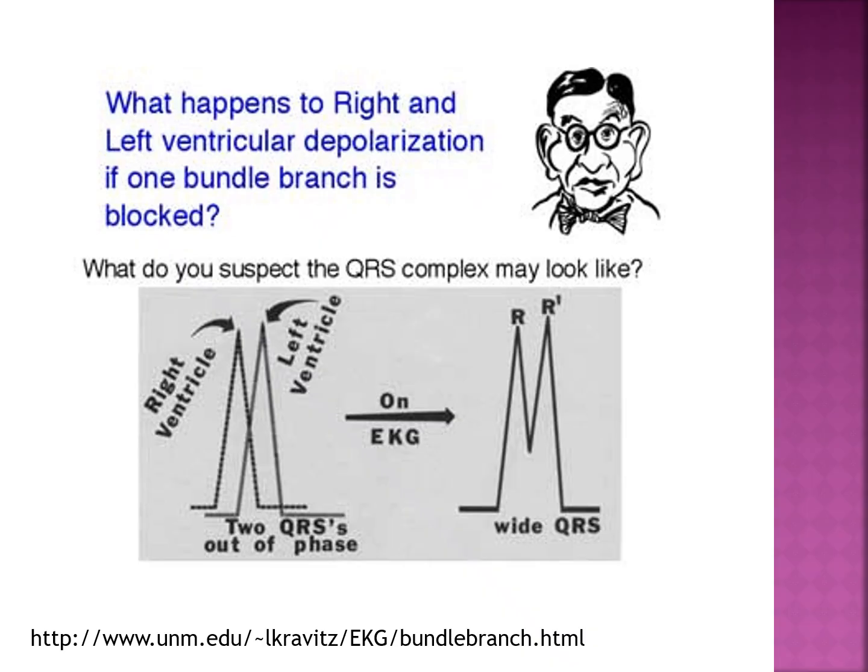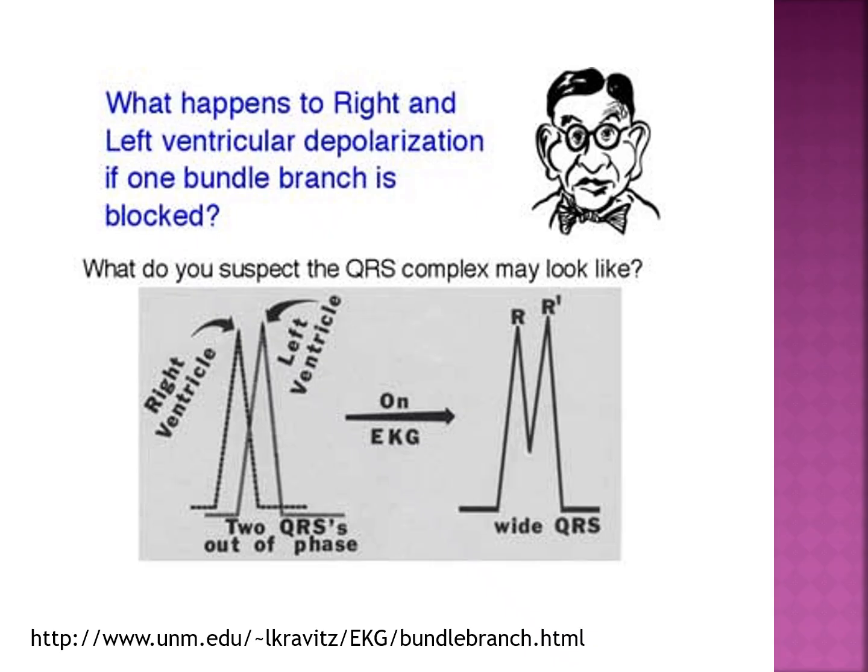When you get a bundle branch block, it usually indicates that one side is sending the signal down the bundle branch just a millimeter a second or so more than the other side is. So the right and the left depolarize at different speeds.